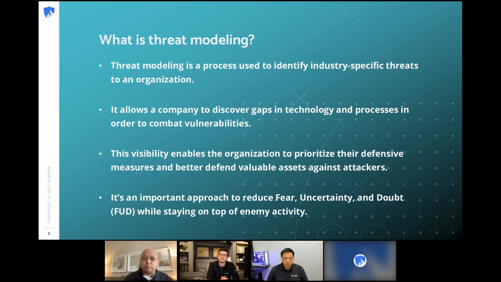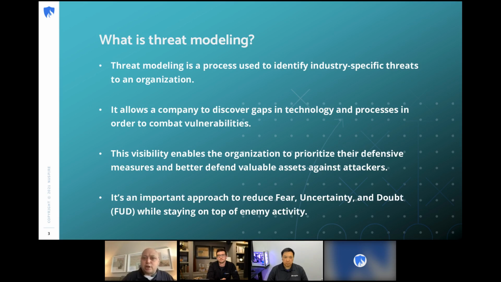Threat modeling is simply the process that we use to identify industry-specific threats to an organization, meaning back to the who are the bad actors, who are the threats that are relevant to you. Not just the threats that show up in Security Magazine or the Wall Street Journal, but the relevant threats to you.